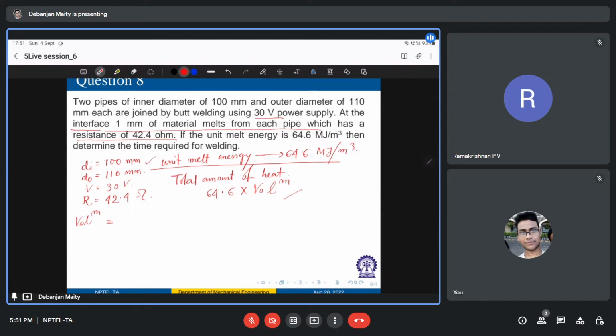So our inner diameter and outer diameter are given. So area will be simply this, and that into some thickness. It says that at the interface 1 mm of material melts from each pipe, and then you have two pipes, so it will be simply 2 mm, right?